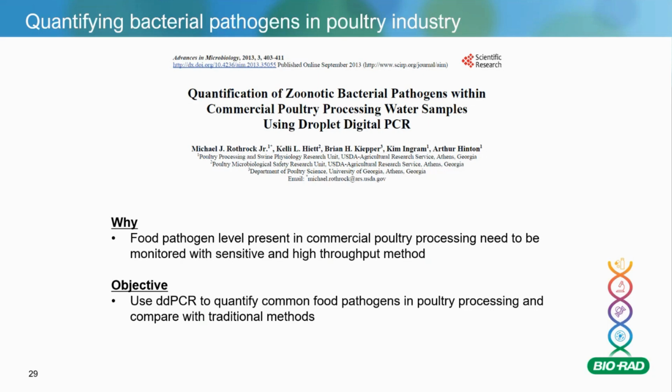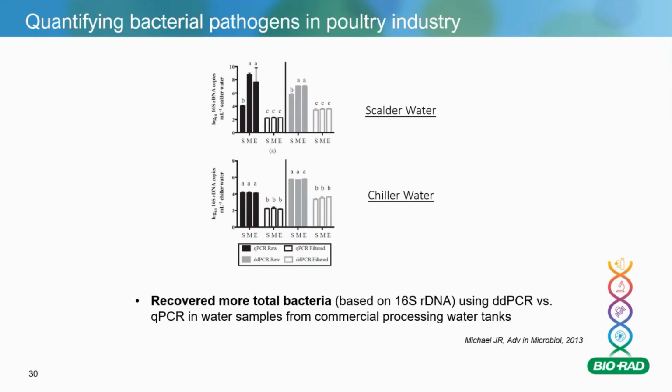Obviously, keeping in mind that real-time PCR requires proper standards and is dependent on assay efficiency. For this, they used scalder tanks and chiller tanks for chickens, and they targeted Salmonella and Listeria and some other pathogens as well. They wanted to compare at a low level and overcome inhibitors that are obviously present in these samples, and they wanted to have something that had higher throughput.